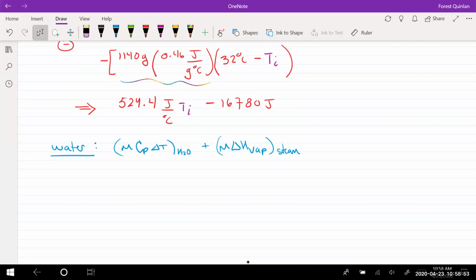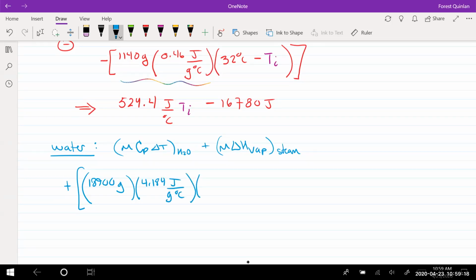Okay, so for our water, we had, what was it? 18,900 grams. And remember, all this is positive, right? So we have 18,900 grams times the heat capacity of 4.184 joules per gram degrees Celsius.